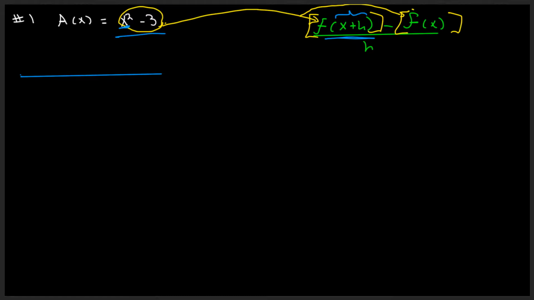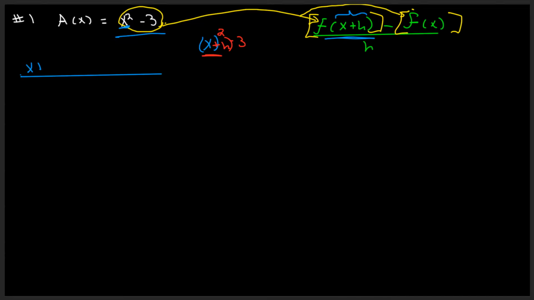So we have, I'll just write it off to the side here, x squared minus 3. Now, this is where we have our x, but instead of x, we will have x plus h, because, like I said, that's what we're plugging in.